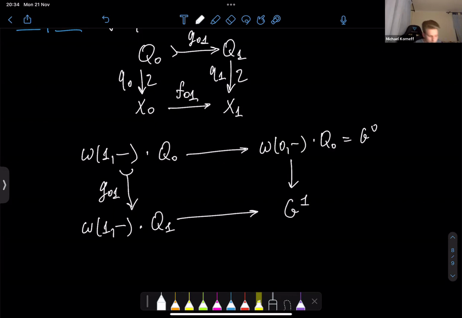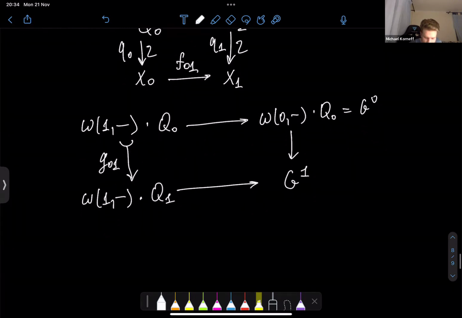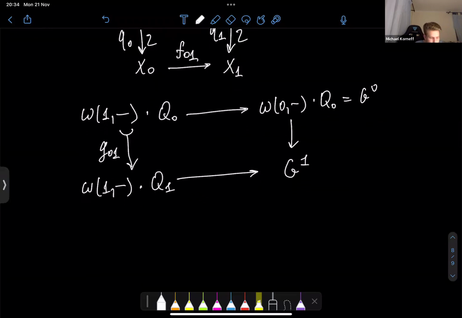The horizontal map is the obvious one. It corresponds to the identity arrow on the object Q0 from the junction. We have seen this one in the previous example, but I can write it again.